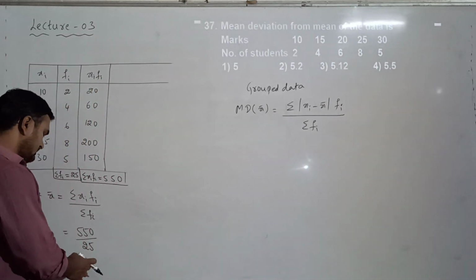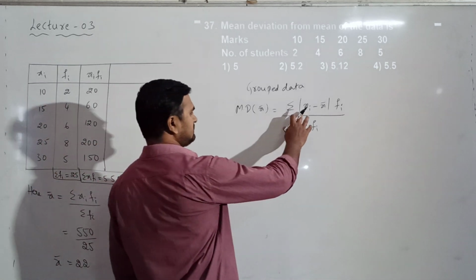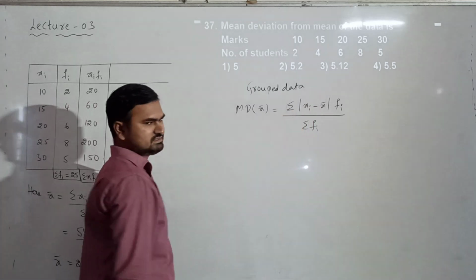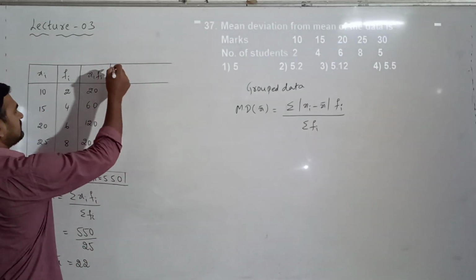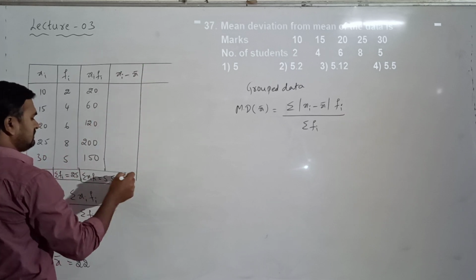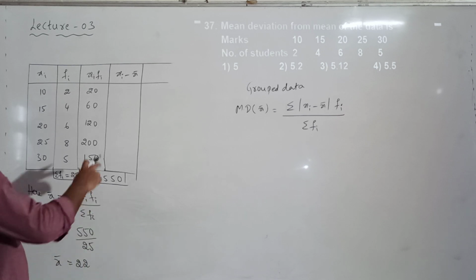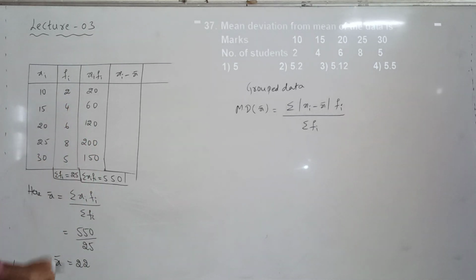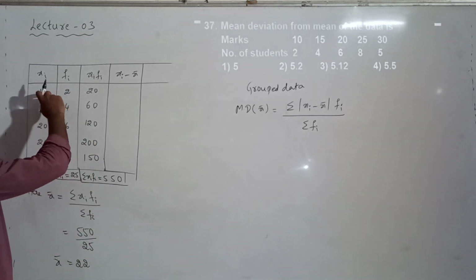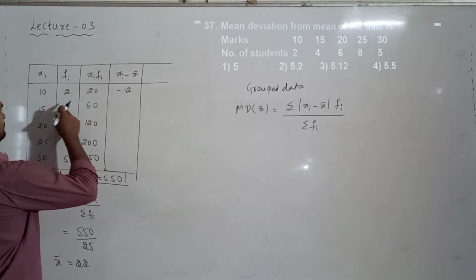Now we know the mean x bar is 22. Now what we need is the difference, xi minus x bar. Now let us find the difference. Xi minus x bar, where x bar is 22 and xi is each of these values. So let us take the difference. 10 minus 22 is minus 12.